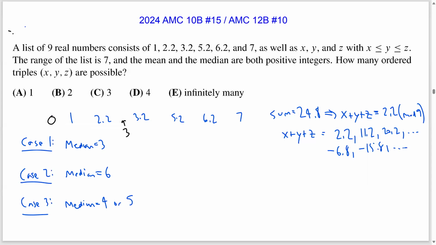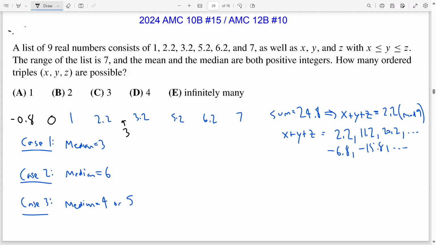Now let's remember that x plus y plus z can be 2.2, 11.2, negative 6.8, etc. But we actually see here that there's no possible value for the third number, because if x plus y plus z is 2.2, this is going to force the third number to be negative 0.8. But the problem is that negative 0.8 cannot be one of the numbers because then the range of the list is no longer 7.